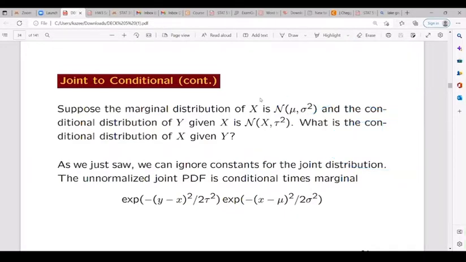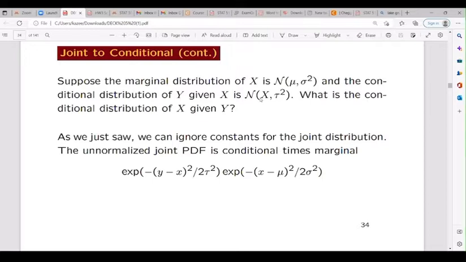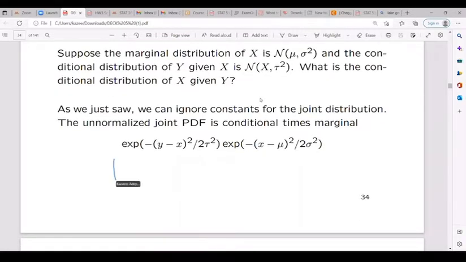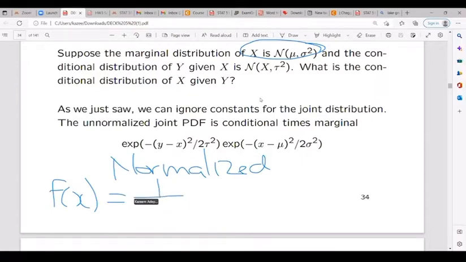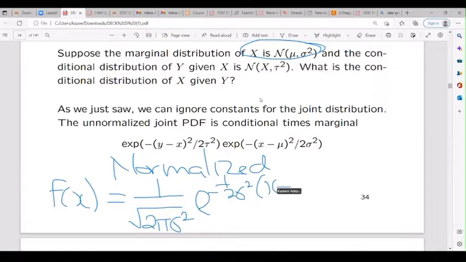If you want to do that, we want to use the unnormalized joint PDF. I'm going to tell you which one is normalized and which one is unnormalized. Let me first write the normalized one. For instance, for f of x, if x follows a normal distribution, it's going to be f of x equals 1 over the square root of 2 pi sigma squared, exponential raised to the power minus 1 over 2 sigma squared, x minus mu all squared.